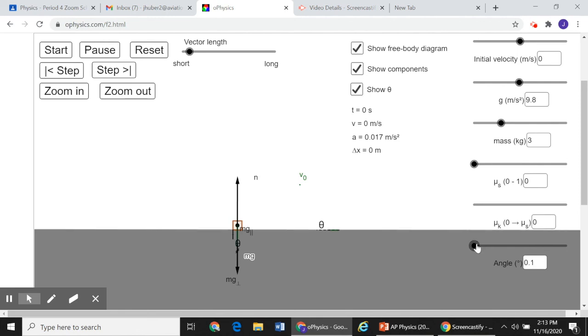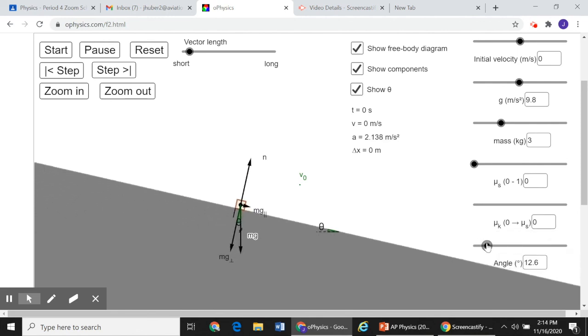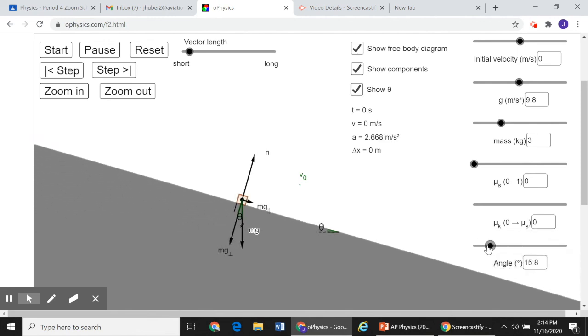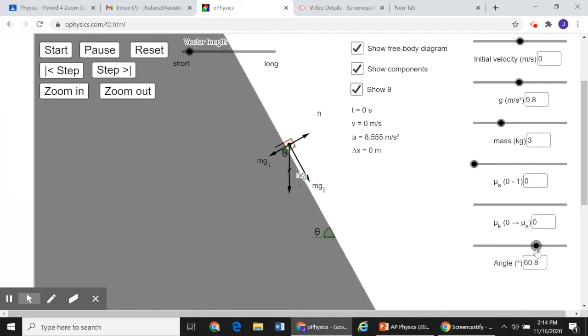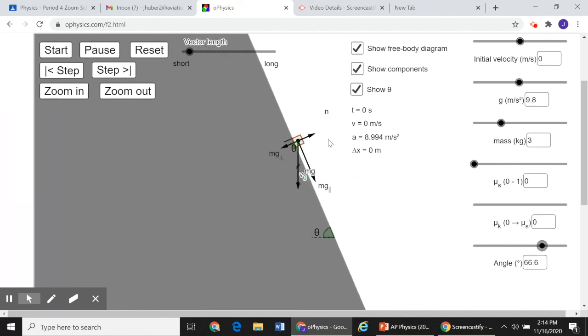You can see that as we increase the angle, notice that component here says mg parallel, or in other words, FGX, and this is mg perpendicular, the perpendicular component of the weight, or FGY, I should say. And so notice as we continue to raise that angle, more and more of the weight is directed down the incline, and less of it is directed into the surface. And that should make sense.